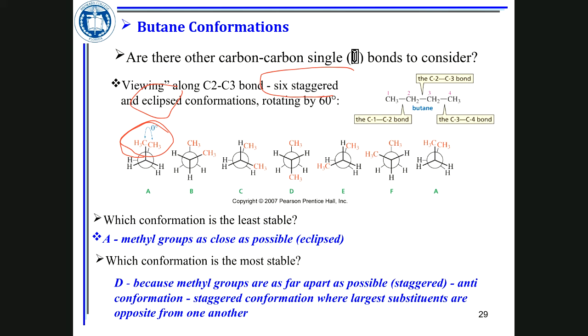Then you have eclipse, where hydrogen is covered by the metal group, so that's conformer number 3. Then you have anti, or the anti position. The two metal groups are as far as possible from each other. So you have 4 different positions.